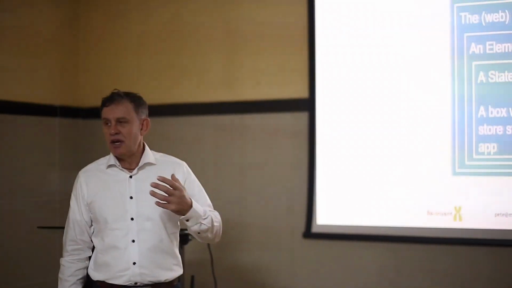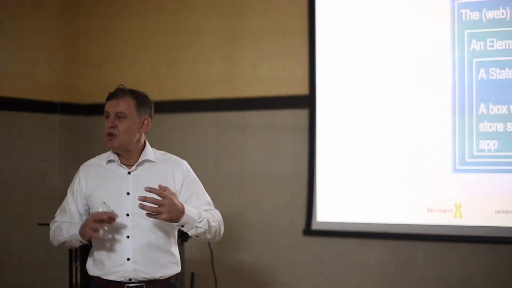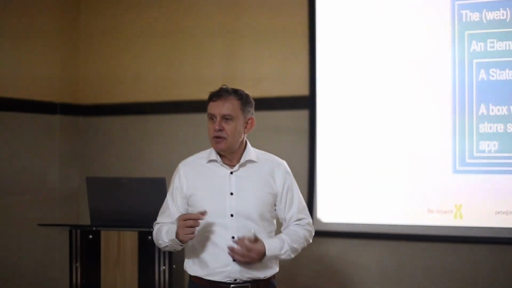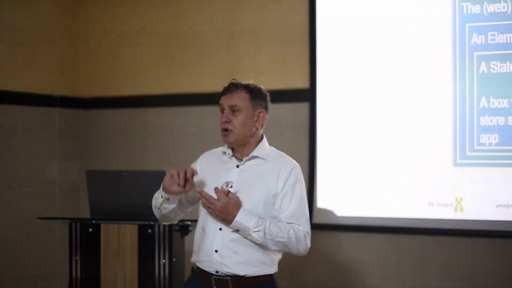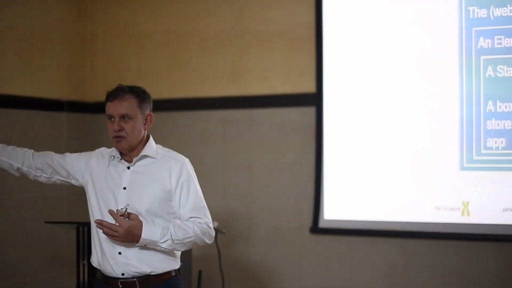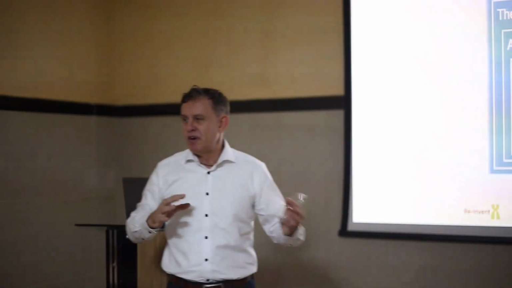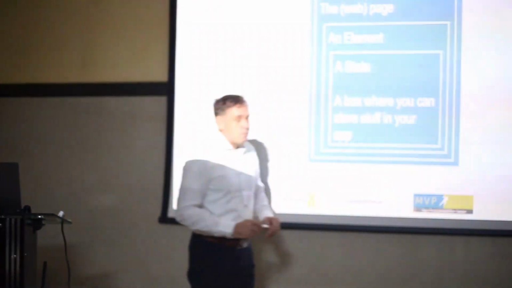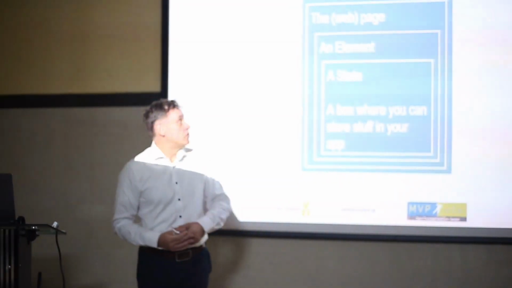And when creating an app, you have to name things, because if you name things, you can say, hey, I want the app to look in a box. Which box? You use the name. So names are very important. Also in Bubble, it's structured like this.